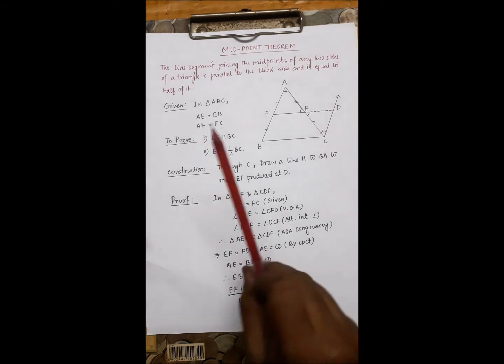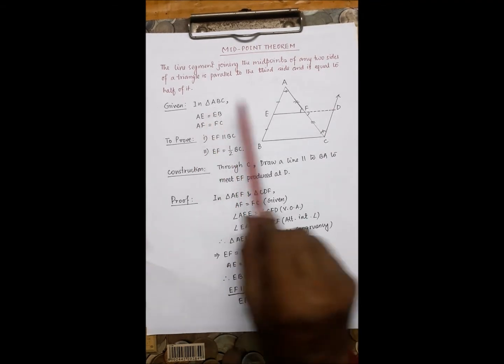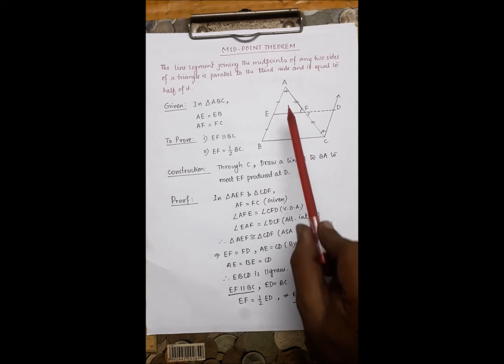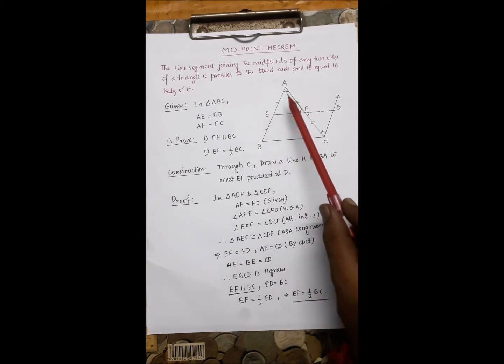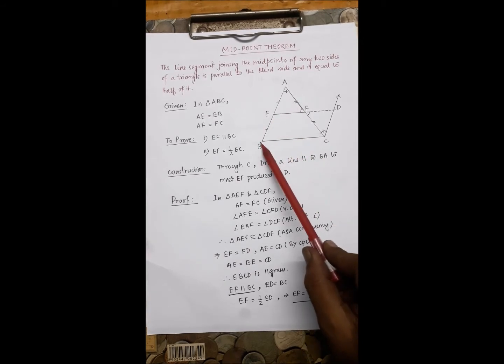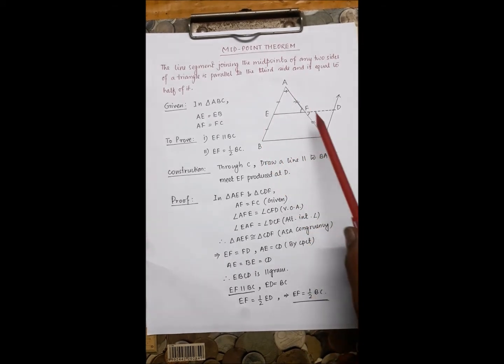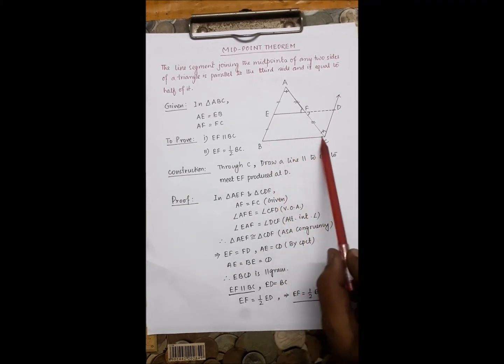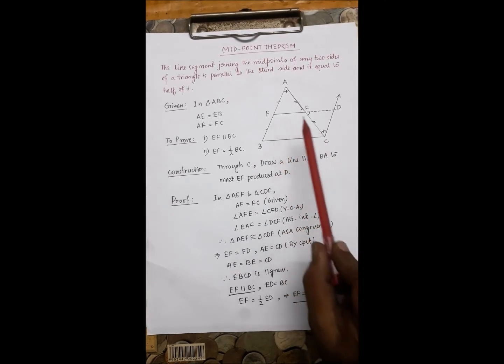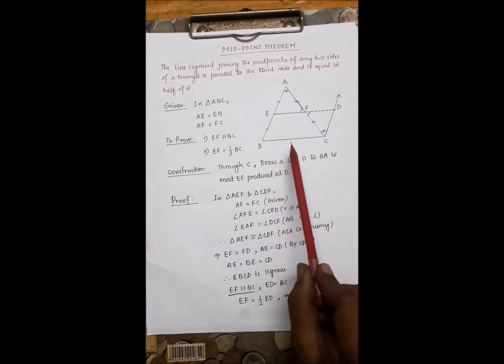First, we need to write the given. In triangle ABC, E and F are midpoints. Therefore, we can say AE equals EB and AF equals FC. So, we have to prove that EF is parallel to BC and EF equals half of BC.